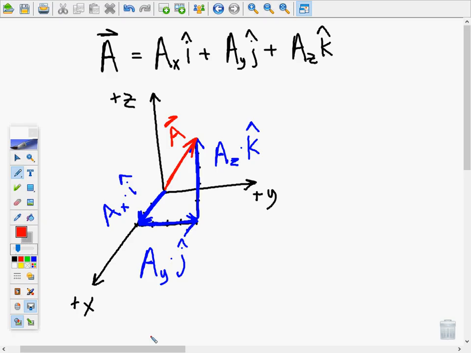Since all three of these were positive coordinates, it might not look like the longest in my diagram, but if it was actually drawn on a three-dimensional scale, it would be the longest. So by knowing what A x, A y, and A z are, I could describe vector A in this three-dimensional space. And those, of course, are known as rectangular coordinates.